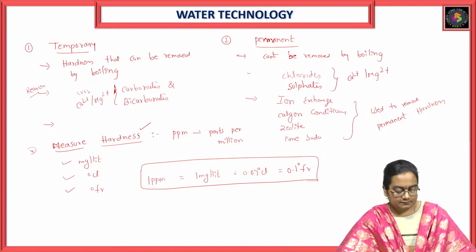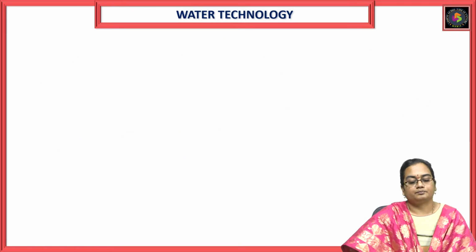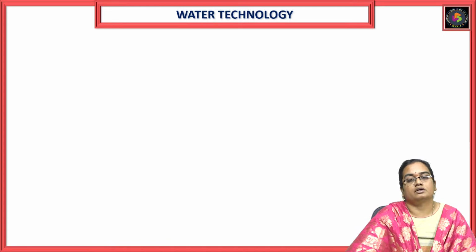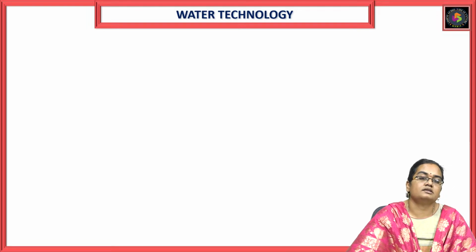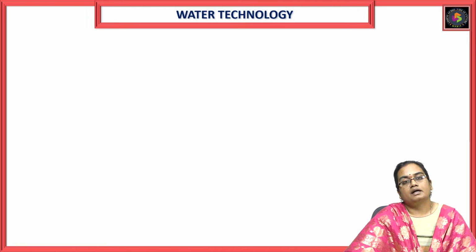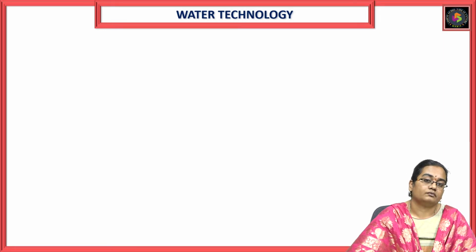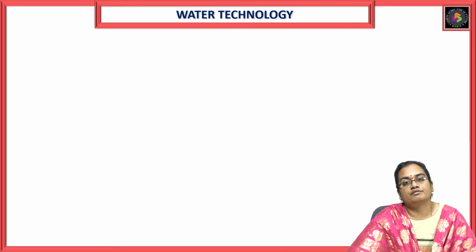Okay, next one. We know that hardness is caused mainly because of carbonates, bicarbonates, chlorides and sulfates. But among all these, carbonates are highly insoluble. And the molecular weight of calcium carbonate is 100.